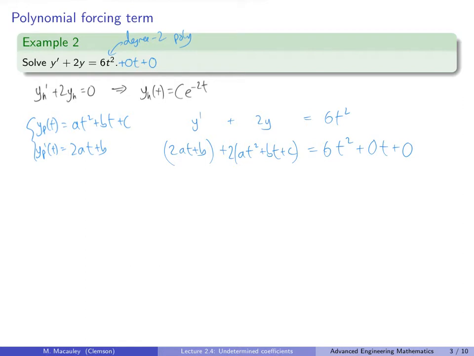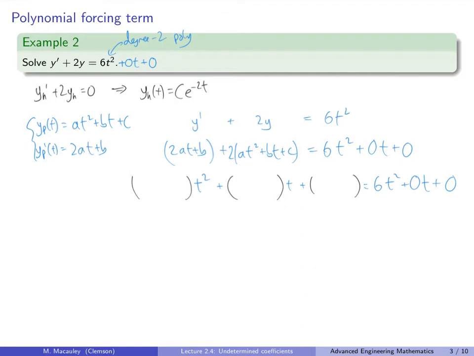So now the left-hand side, I'm going to write this as some number of t squareds plus some number of t's plus some constant term equals 6t squared plus 0t's plus 0. So what goes in here?